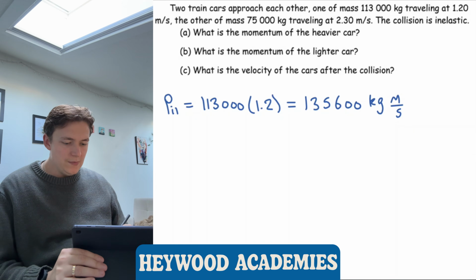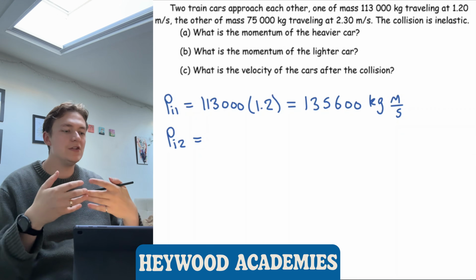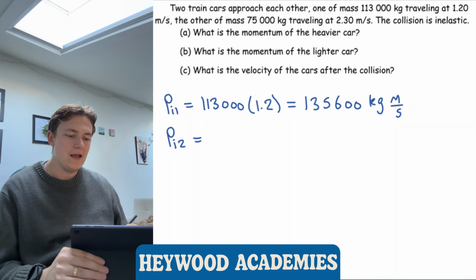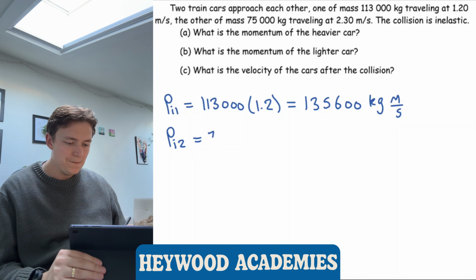Now I've said that this one is positive, so that means that for the lighter car, I'm going to have to say that this one is negative because they're approaching each other. So one of them's traveling to the right and the other one's traveling to the left. So now we can plug in the same numbers that we had here, mass times velocity, but for the other vehicle.